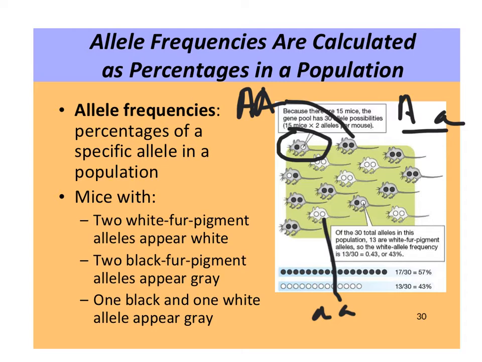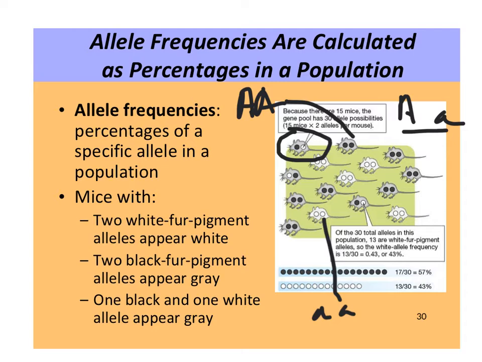Now, the question is what the frequency of the alleles is. How many big A alleles are there? Well, if we count out the mice that are black, that's big A: 1, 2, 3, 4, 5, 6, 7. So 7 times 2 is 14.